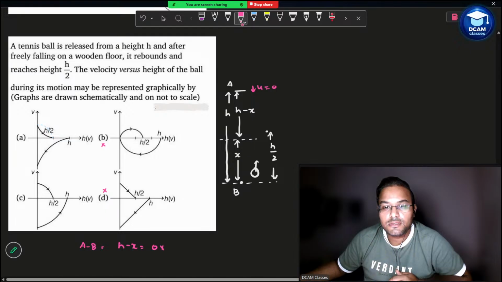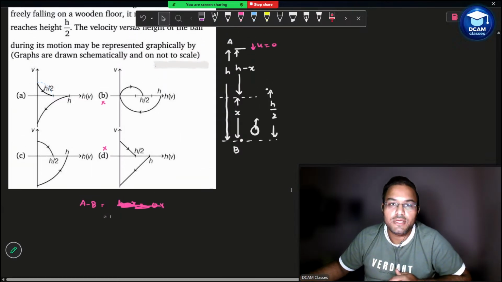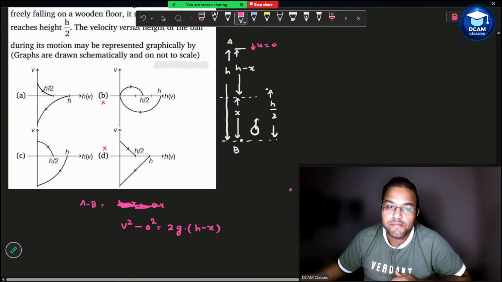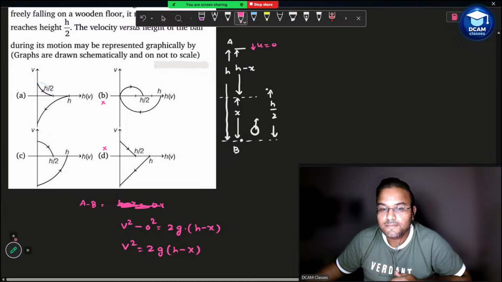V versus H graph is required, so let us find V. V squared minus 0 squared is equal to 2 into g into (h minus x). So we are getting V squared equal to 2g into (h minus x). Correct?